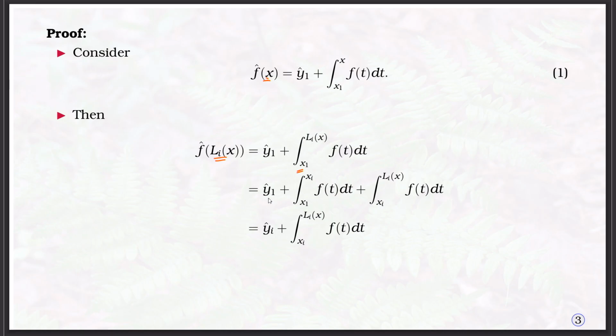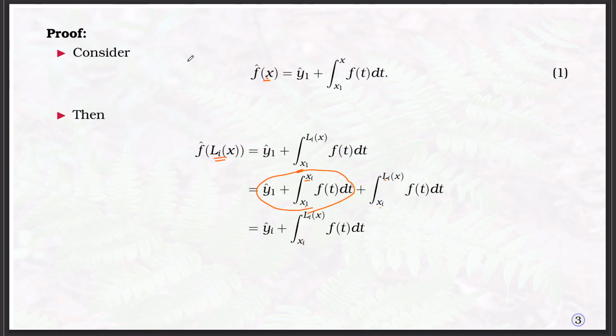Now, again y1 cap, we split this integral as x1 to xi, and xi to Li of x of f of t dt. This term we can call yi cap, where this term is the integral from x1 to xi of f of t dt, because for each xi we get one result, therefore it is called yi cap for i equal to 1 to n.